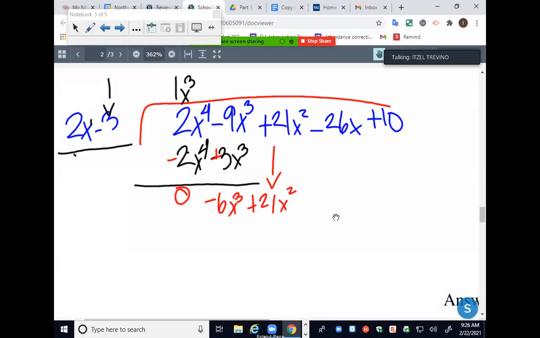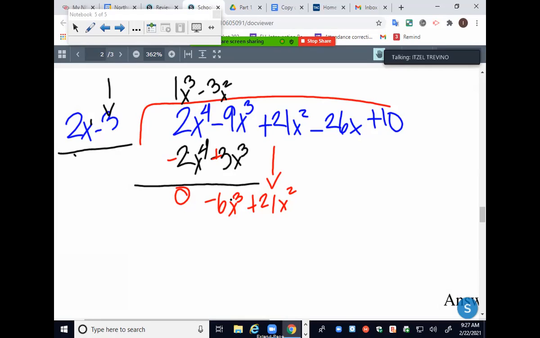And we're going to do the same thing all over again. 2 goes into -6 how many times? -3, right? 2 goes into -6, -3 times. And then I have x to the third power and I have just x. So 3 minus 1 is 2. So I have minus 3x squared.